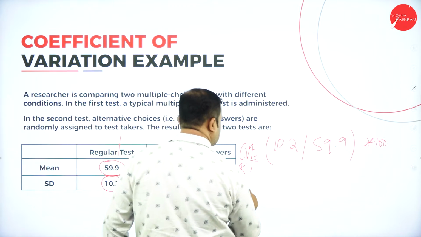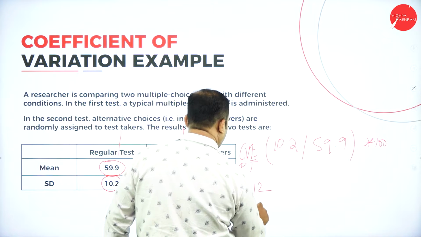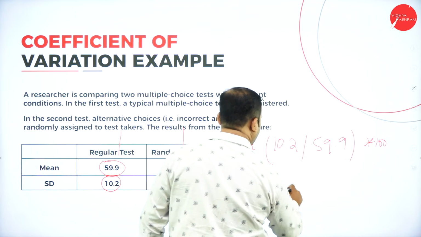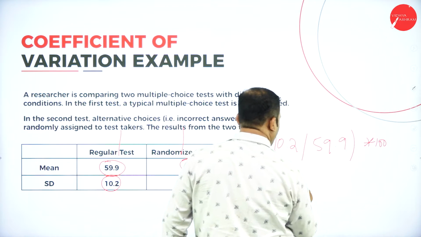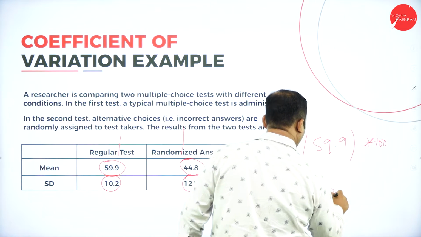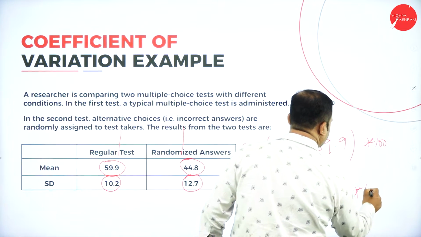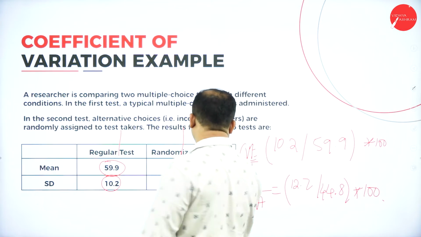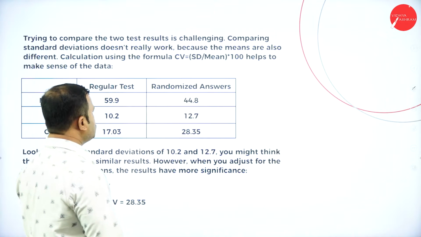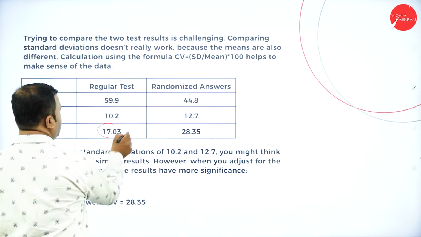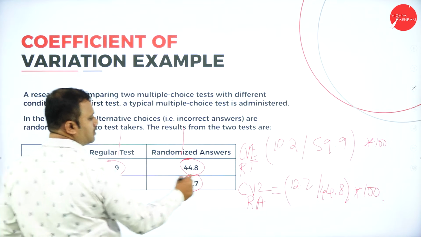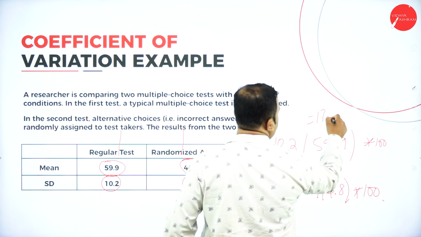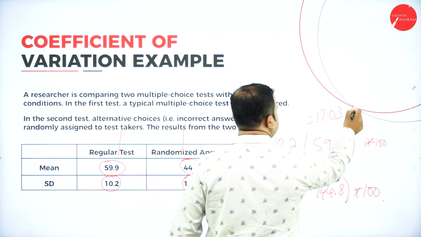For the randomized answer, the coefficient of variation is 12.7 divided by 44.8 into 100. That gives me the percentage of variation. If I solve these values, I'll get 17.03 in this case. That is 17.03, the percentage of this.